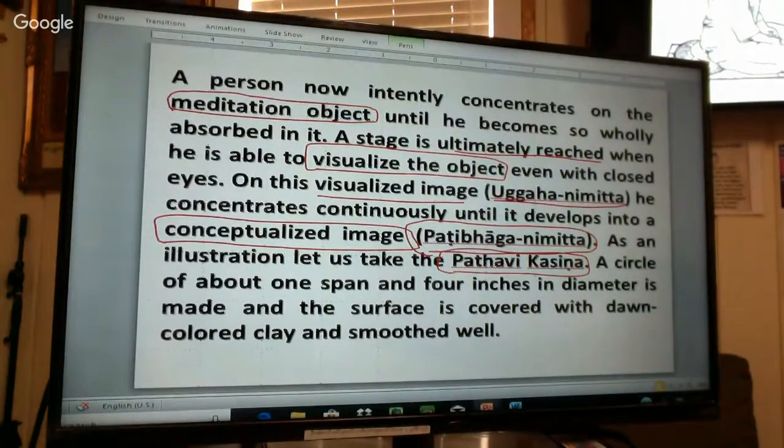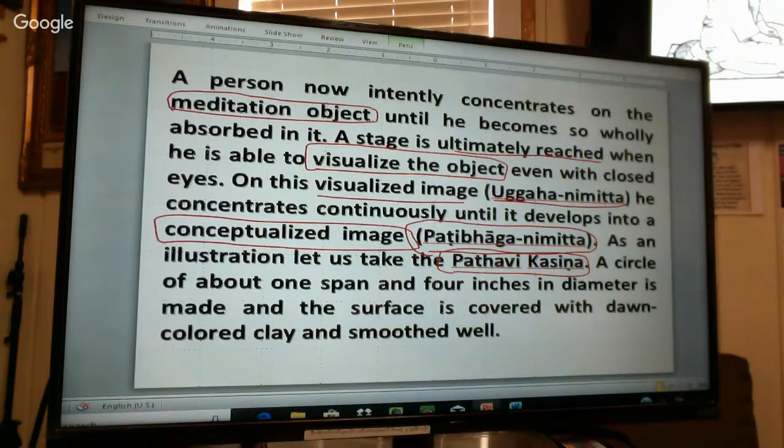In Ogaha nimitta you see clearly, but when you make the preliminary Parikama nimitta, maybe your fingerprint appears on the surface, and with Ogaha nimitta you see those fingerprints.